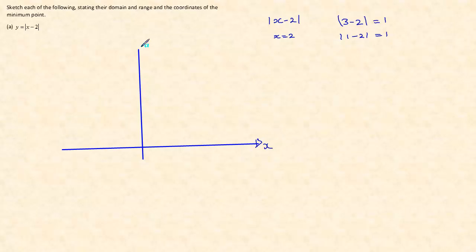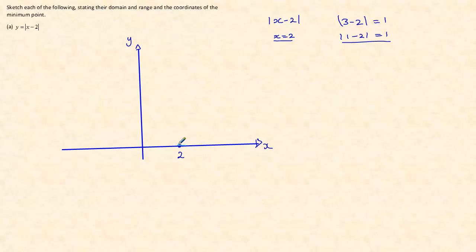So if we have the x-axis here and the y-axis here, we know that when x is 2, it's going to take the value 0. Then as x increases in this direction, it's going to go upwards. As x decreases down here, it's also going to go upwards, as we saw from here.